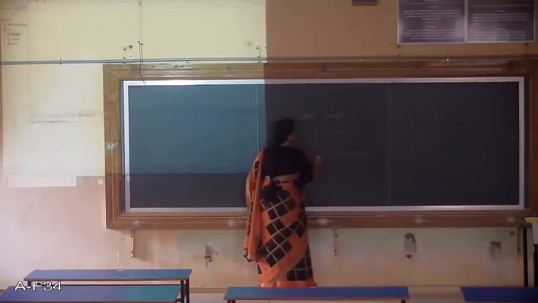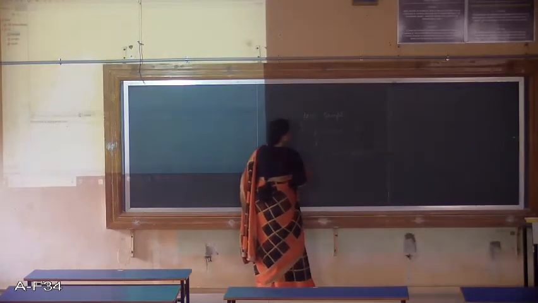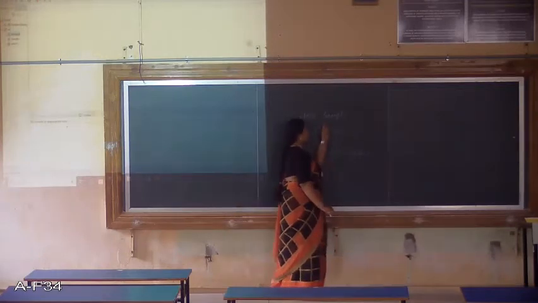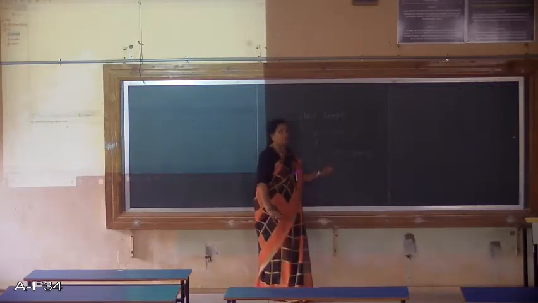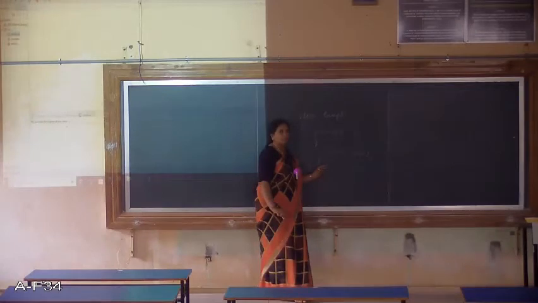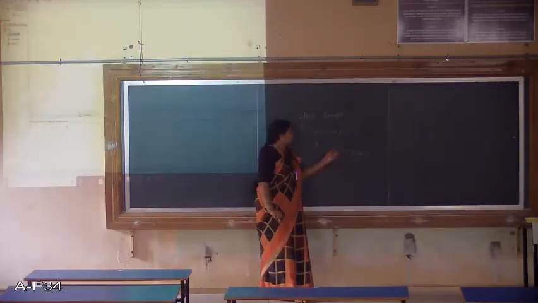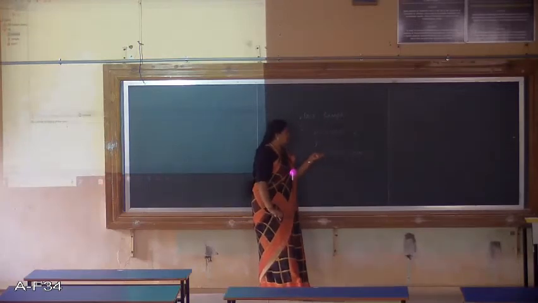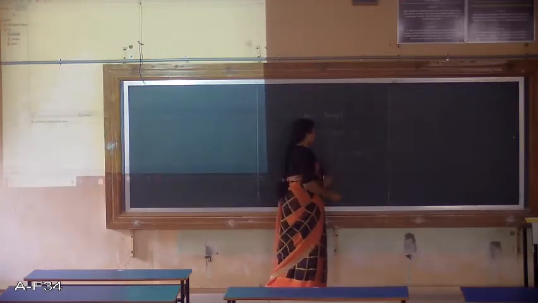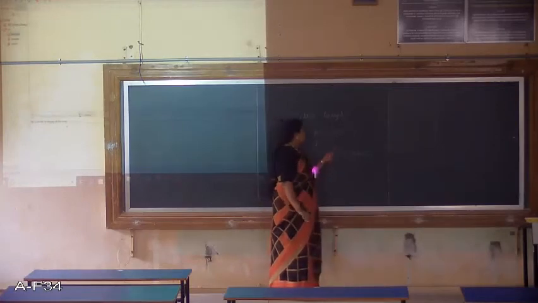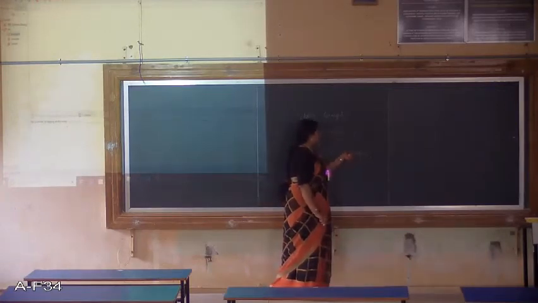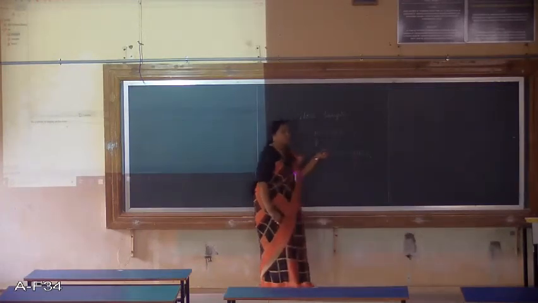Alright. So when I execute this sample class, when I execute this program, there is one thread that is called the main thread that is responsible for execution of this entire code. Not necessarily only this one statement I have written just for the example. What if I want to print this hello or hi 5 times?